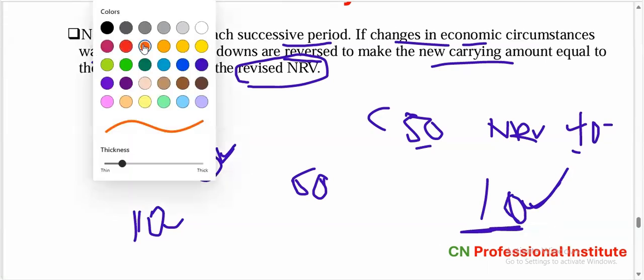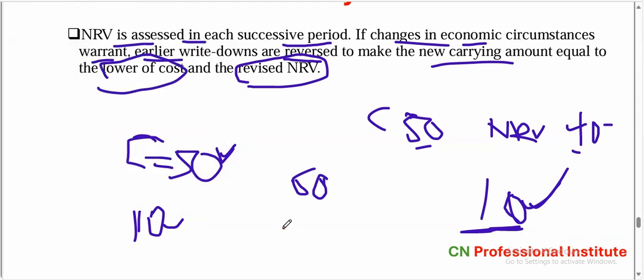So if you are reversing, how do you reverse? When we were recording the write down, we debited cost of sales and we credited inventory. So now it will be the other way. We are now going to debit inventory, and then credit cost of sales, the 10 that we recorded as a write down.